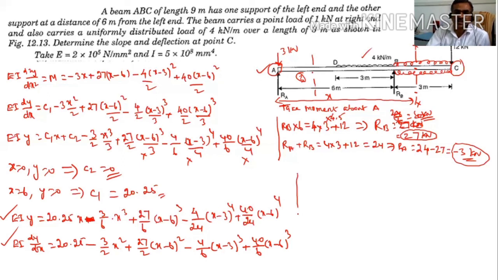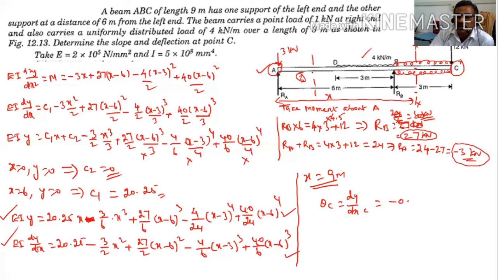In these equations, what do you substitute? What is the value of x for C? That is 6 plus 3, 9. x is equal to 9 meters. Substitute in this equation and this equation. You will get theta C, that is dy by dx at point C, equal to minus 0.001 radians, right?